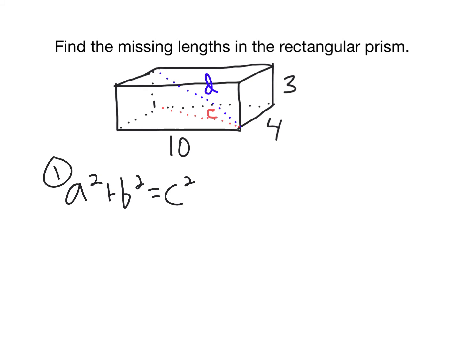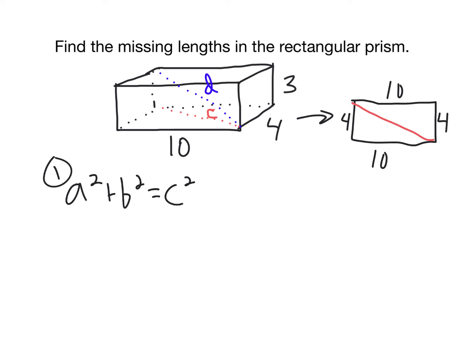So for C, if you can imagine, the bottom of the rectangular prism looks like this. And here's C. So if you can just imagine this rectangle here, that's what we're going to be working with.